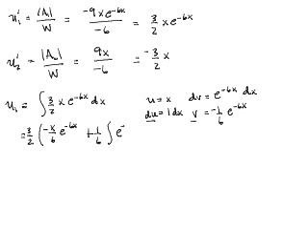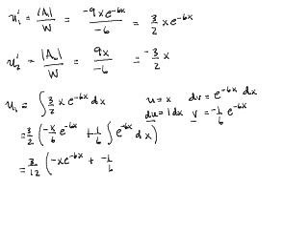Integral of e to the minus 6x dx. And this is going to be 3 over 12 minus x e to the minus 6x plus, and then here again I get a minus 1/6 e to the minus 6x. Okay, and that's my u1. This of course here is 1 over 4.